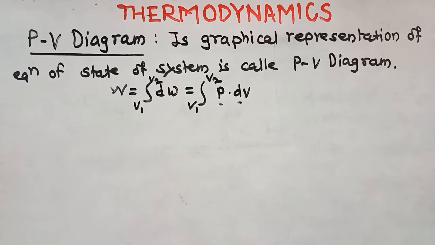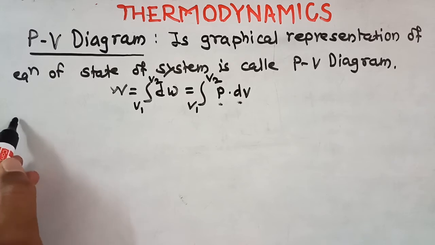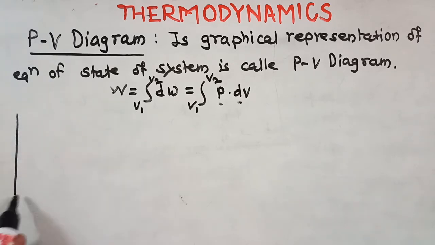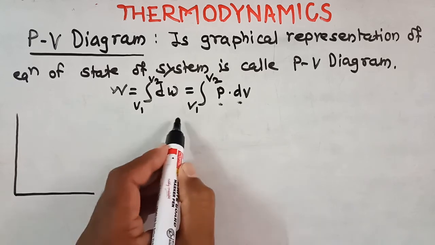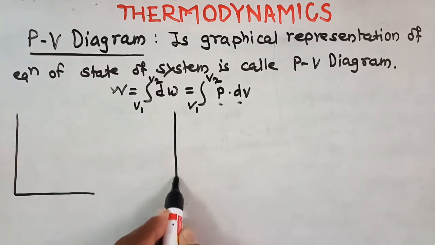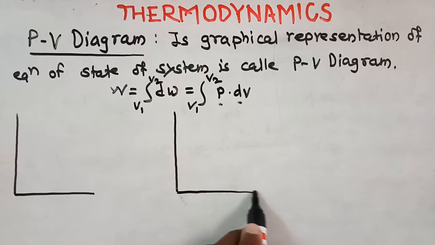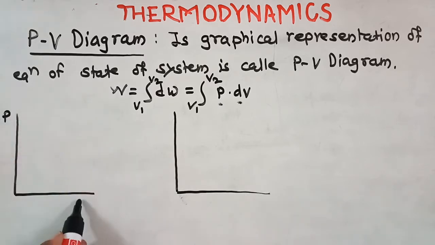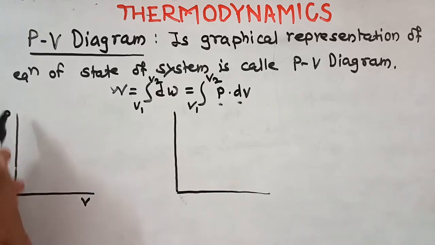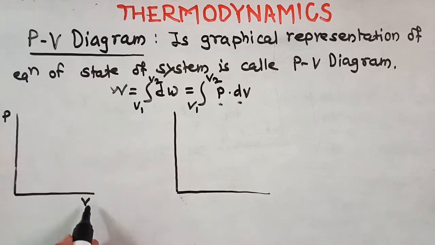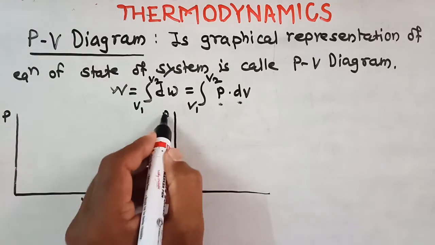Now let us see two cases in which there is expansion of gas, and in another there is compression of gas. Suppose these are two PV diagrams. P came first, so it is along the vertical axis, and V came next, so it is along the horizontal axis.